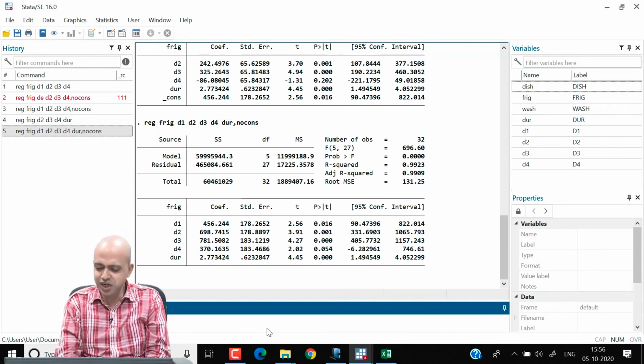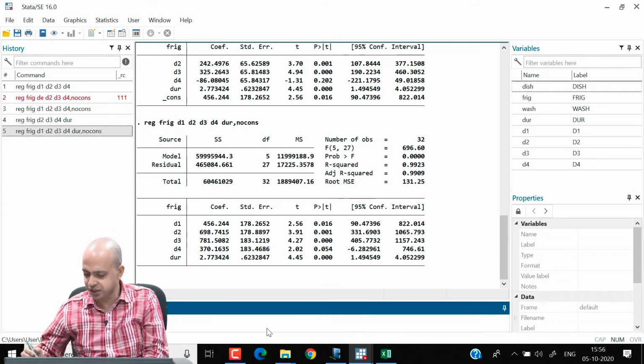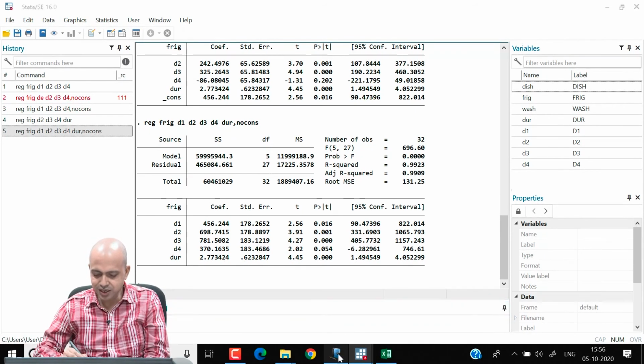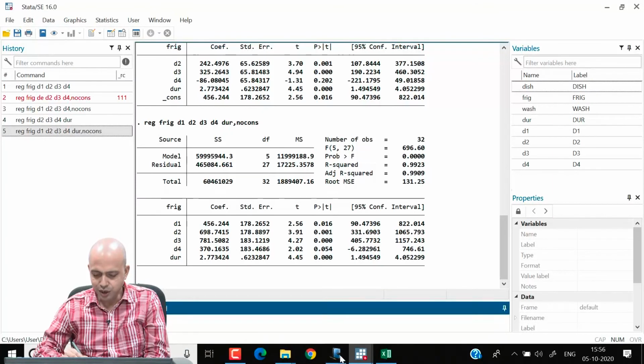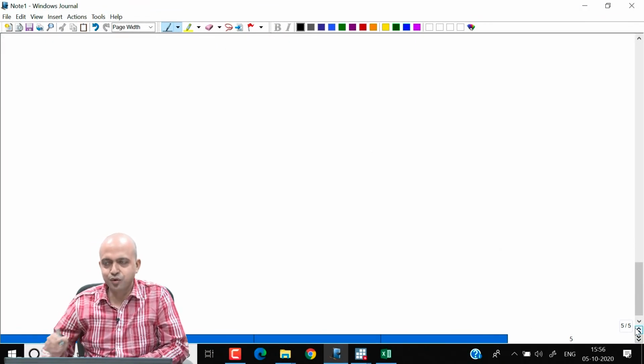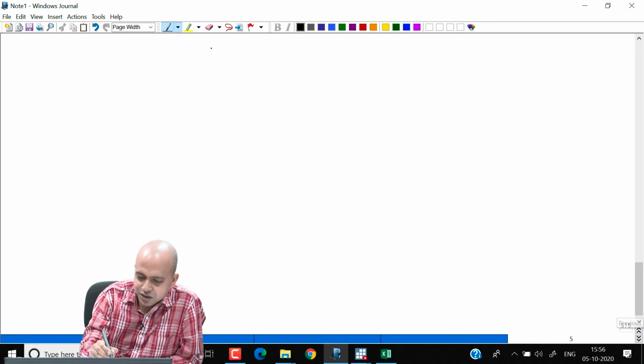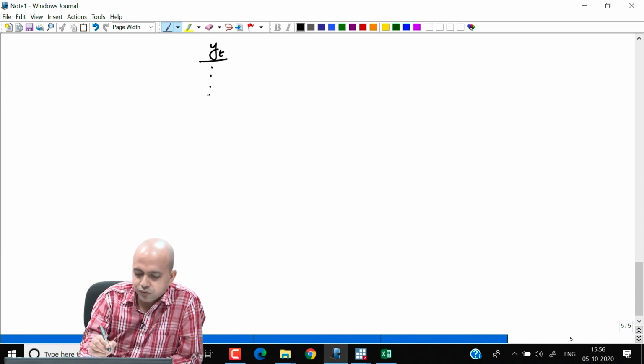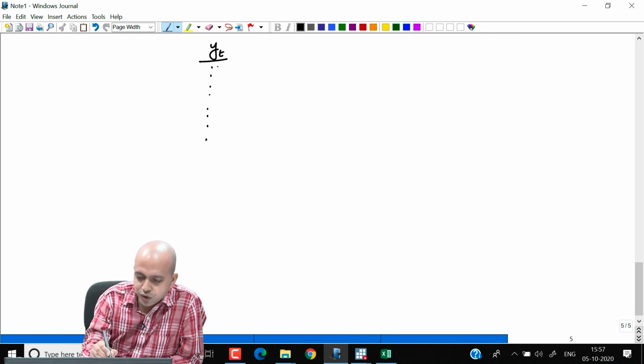Okay, how will you check that? There is a way by which you can check that. See, initially we said that our objective is to remove the seasonal trend from this. And how will you do that? Let's say you have sales data for each and every quarter, first, second, third, fourth, then again first, second, third, fourth. You have actual data.